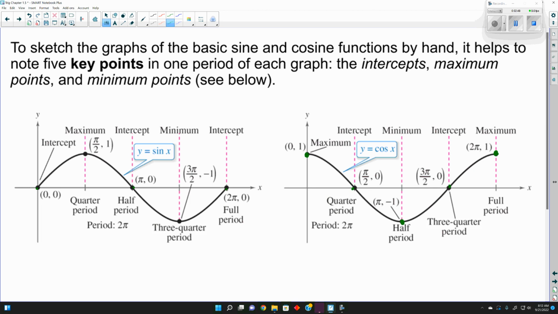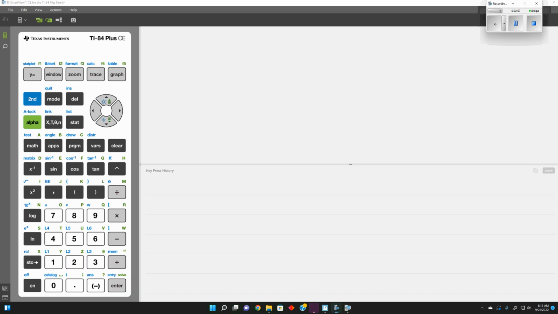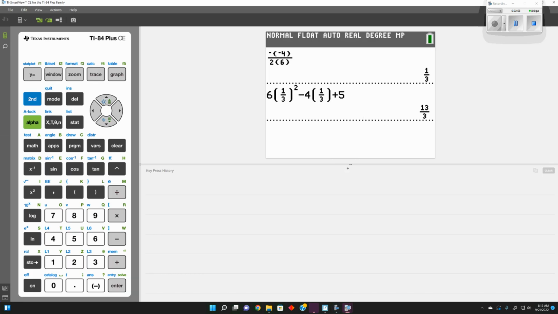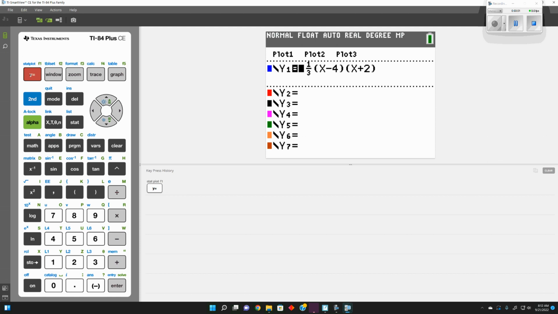But also, our graphing calculators can graph these for us. The TI-30X or TI-84 will graph them. Whenever we graph these, all we've got to do is hit y equals, because this here will graph the function. And we could say sine of x and hit graph.